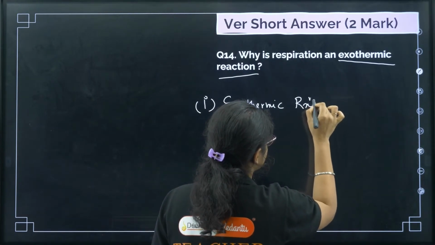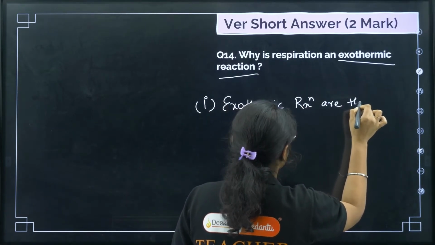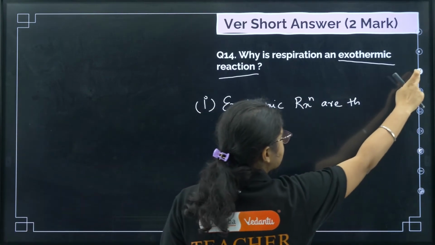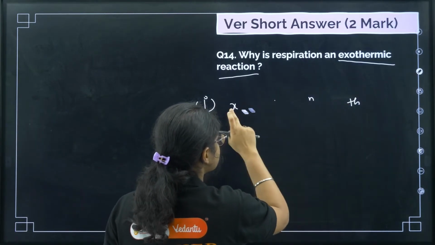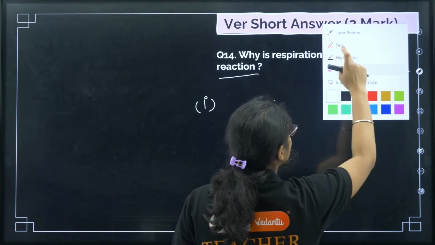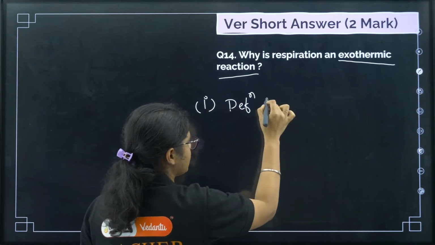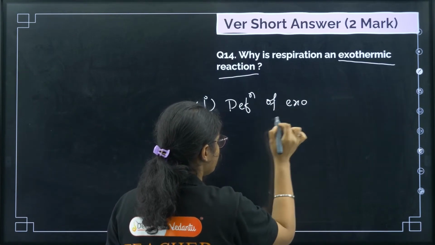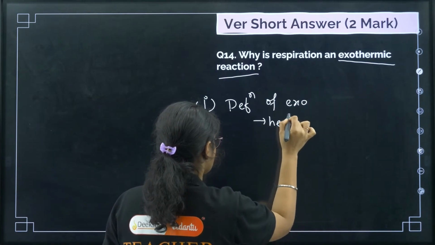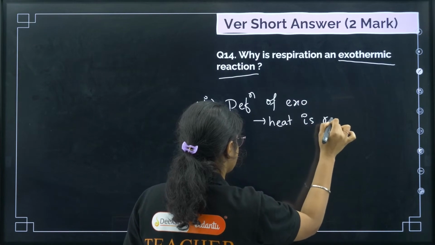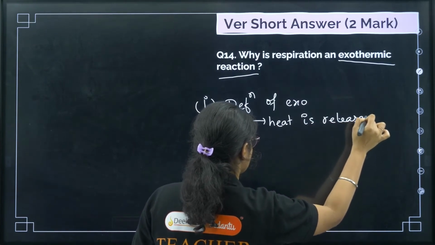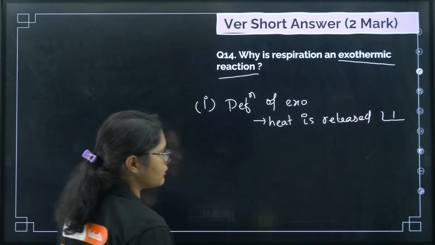So the first point should be the definition of exothermic reactions. Those type of reactions where heat is released are called exothermic reactions. This will give you 1 mark.